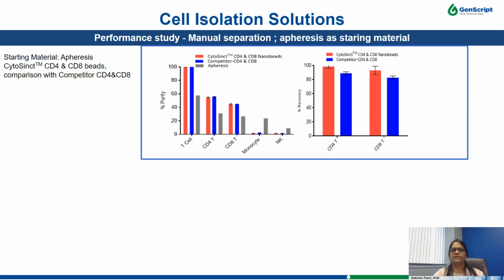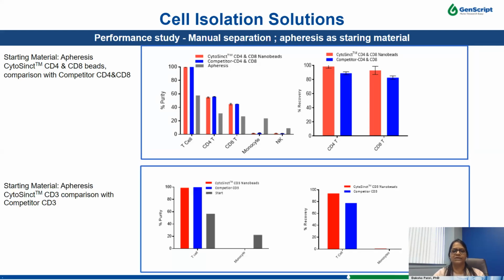So here we presented some comparison data for pre and post isolation from leukapheresis using GenScript reagents, and we used another competitor's reagents as a control. The purity and recovery of CD4 and CD3 in both cases look quite promising, and their performance is matching with the control samples.